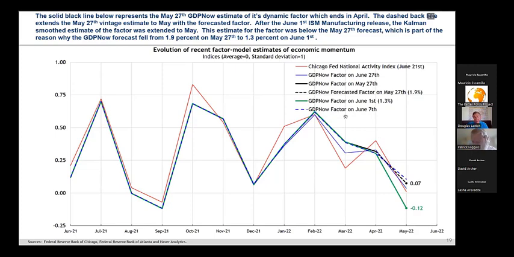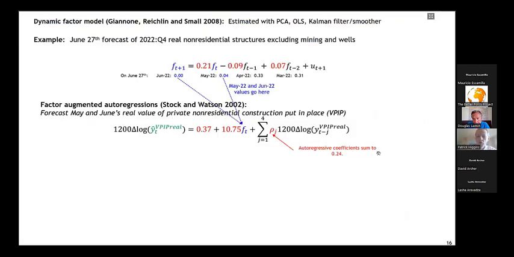The ones you want to most pay attention to are that the black line here is essentially the May 27th factor, when it had data through April and only estimated the factor through April, and then after that forecasted with these dynamics what the values for May and June would be.